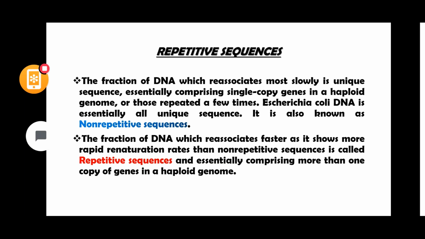So these sequences take a lot of time to renature. If these sequences get denatured and then we renature them, these unique sequences take a lot of time to renature, because these are not repetitive sequences. It's a unique sequence and it's present in a single copy.